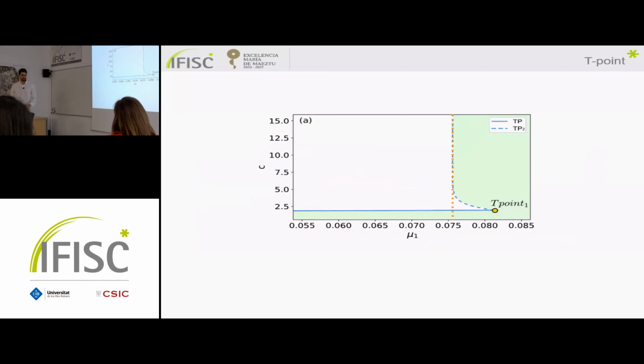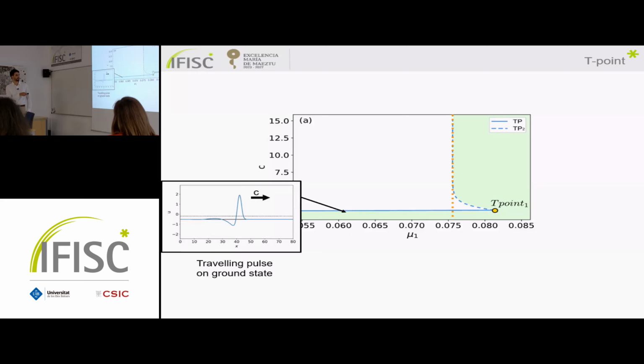So, in the boundaries of this region, we studied how the pulses are created. In particular, this is the bifurcation that will be important for the next chapter, the T point. So here we see that when we move in the parameter space, this is one of the parameters, mu1. This is the velocity of the pulse.